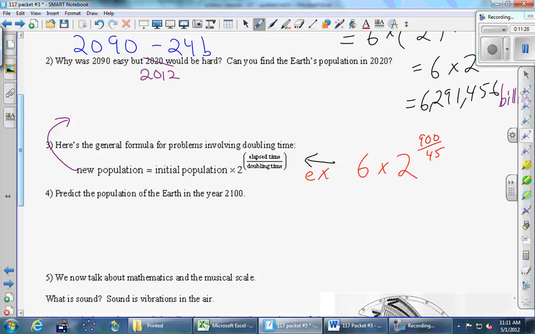Initial population, 6. 2 to the, what's the elapsed time if we're looking at 2012? It's 12 years. 12 years have passed since we started this experiment. Divided by, in this example, it's always 45. That's the doubling time for this estimate.